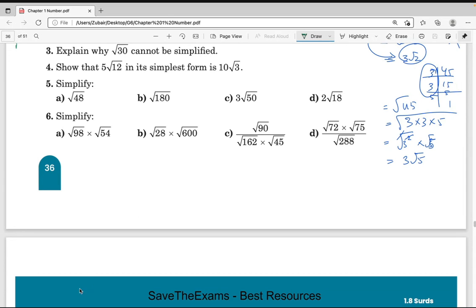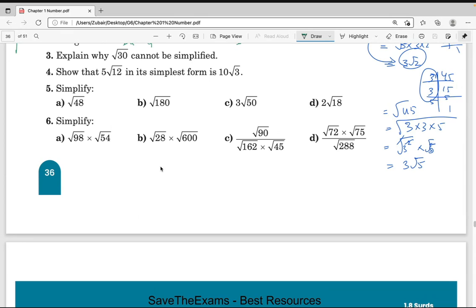Sir, it cannot be simplified. So we have to show the steps or write a statement. Because when we write 30 as a product of prime factors, there are no pairs.